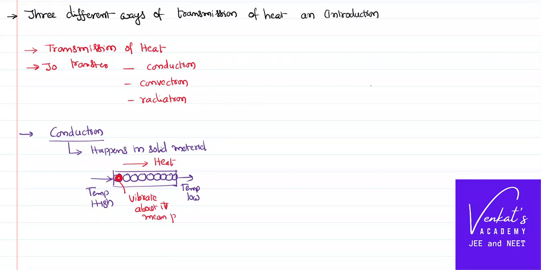It transfers the energy to the next particle and comes back to its original position. So the job of the first particle is over. Now the second particle does the same, transfers the energy to the next particle and comes back, and so on. That way heat transfers from one place to another place.